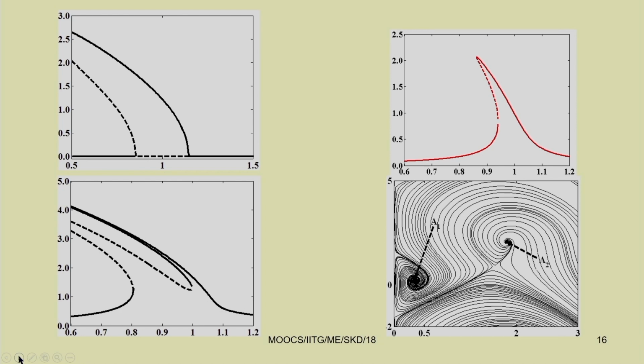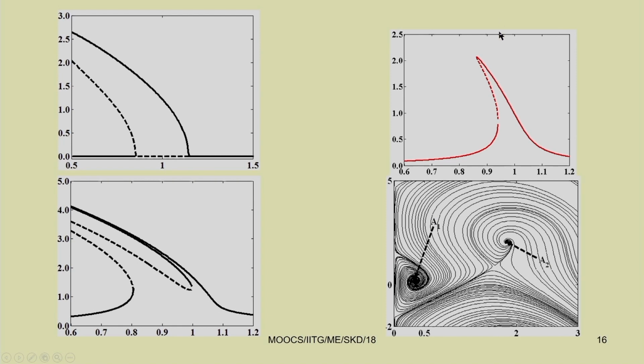And for these multiple equilibrium points, we must use this basin of attraction method to find for which initial points one obtains which equilibrium points. For example, you can see for all these initial points it is coming to this one, and for all these initial points it is coming to A2.